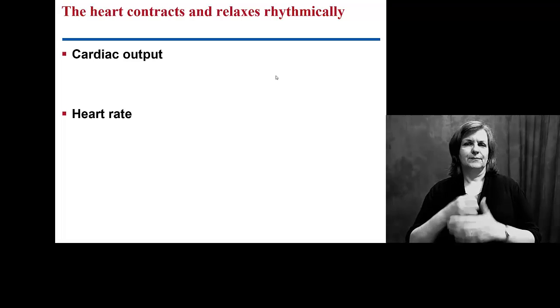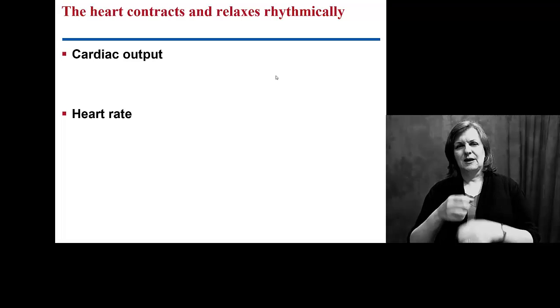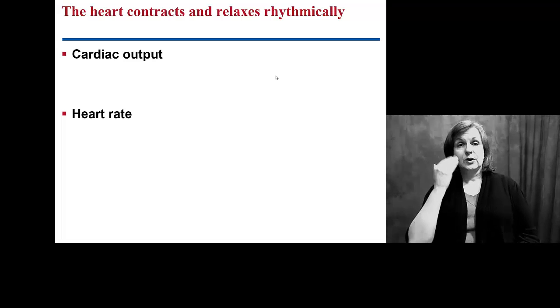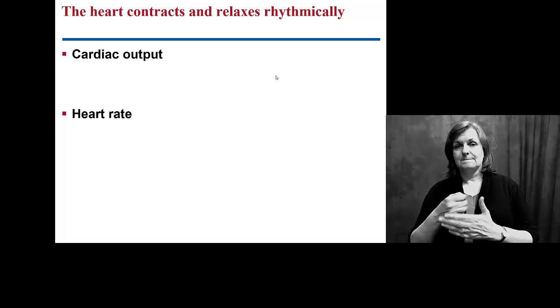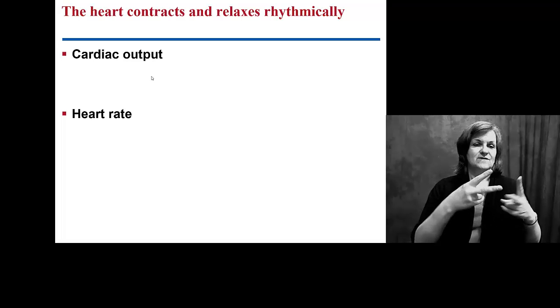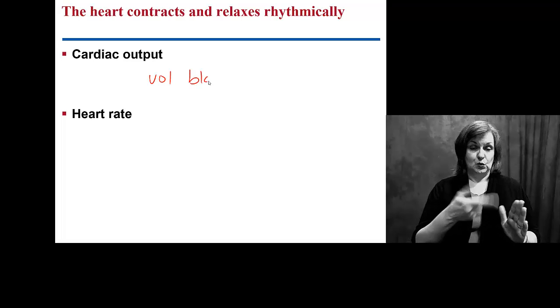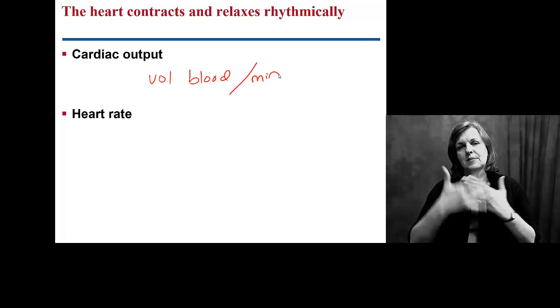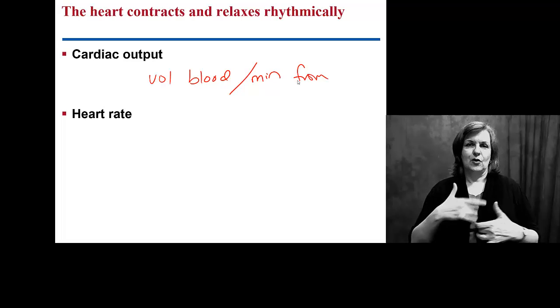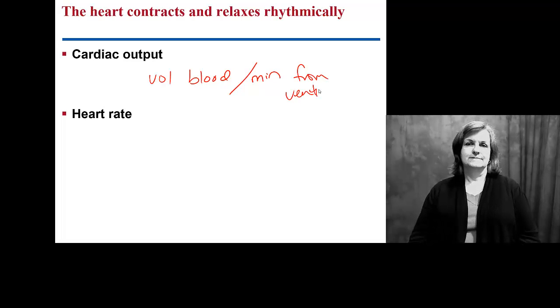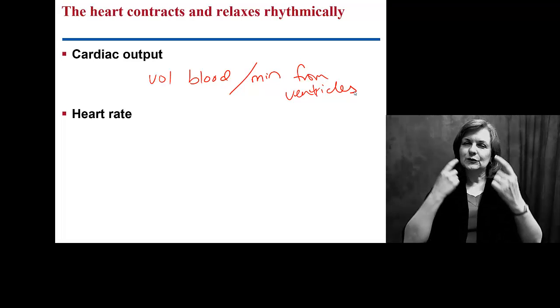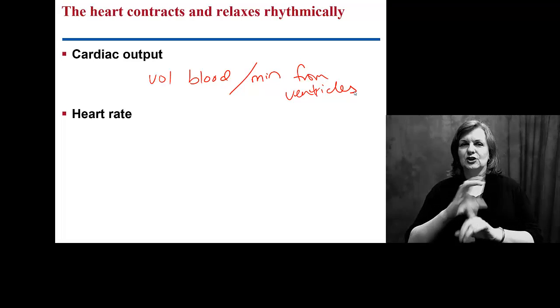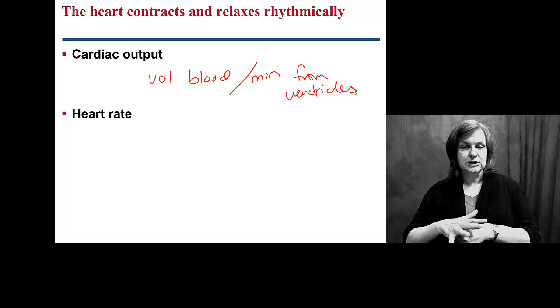Your heart itself is pumping all of this blood, and when we look at its efficiency, we look at cardiac output. So this is the volume of blood pumped per minute from the ventricles. This goes along then with heart rate to figure out how much blood you're actually pumping.